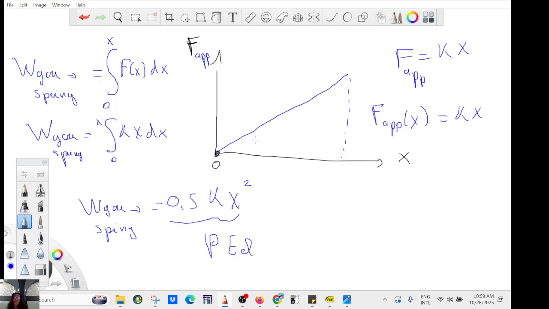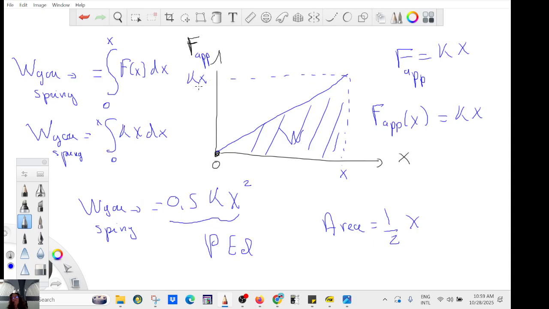Now, if you don't know how to integrate, no problem. You remember that the integral means the area, or the work done is the area under the curve of f as a function of x. So the area of a triangle is 1/2 the base, which is x, times the height here, which is kx maximum.